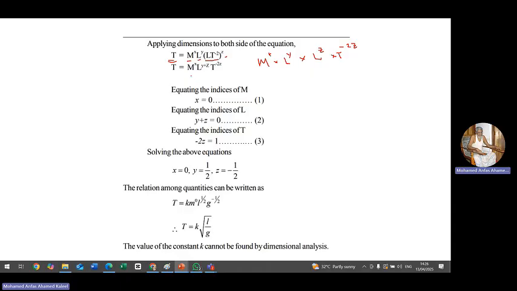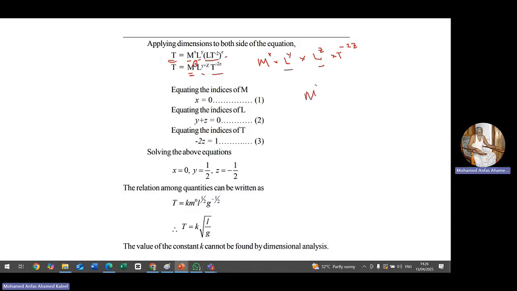Now equating the indices of M. If an equation is equal, the indices should be equal. The index of M is X on the right hand side, but on the left hand side there is no dimension of M. Hence it should be equal.